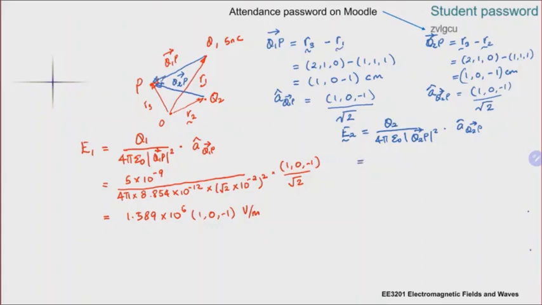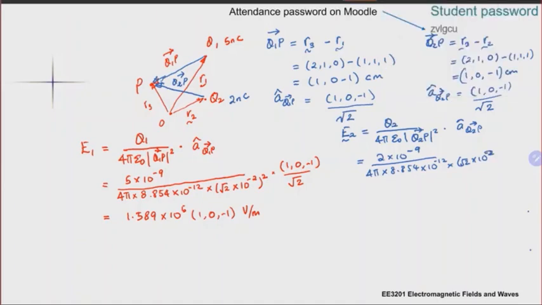This is equal to, this is now 2 nanocoulombs, 2 times 10 to the minus 9, over 4 pi, 8.854 times 10 to the minus 12, and root 2 times 10 to the minus 2, squared.